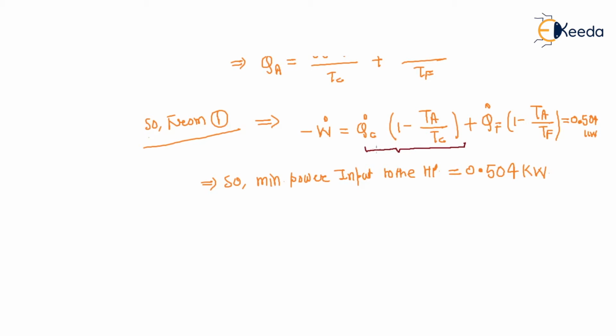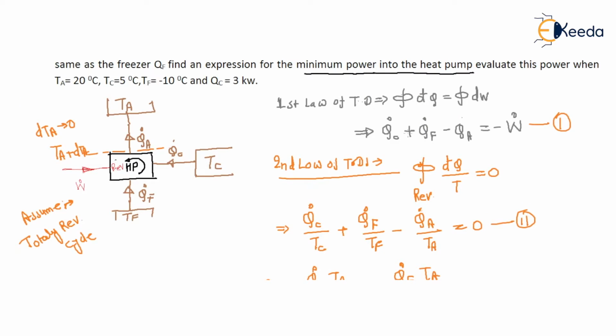This is your exergy associated with heat transfer Qc, and this is your exergy associated with heat transfer Qf. So this is minimum power, that means it is the exergy associated with this heat plus exergy associated with Qf.